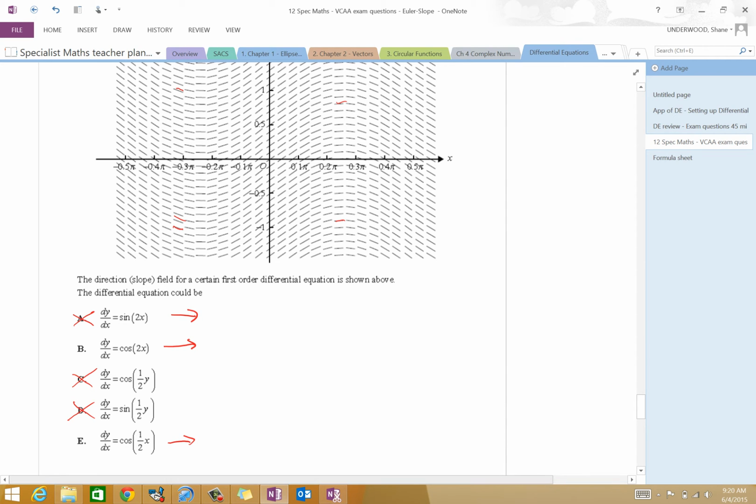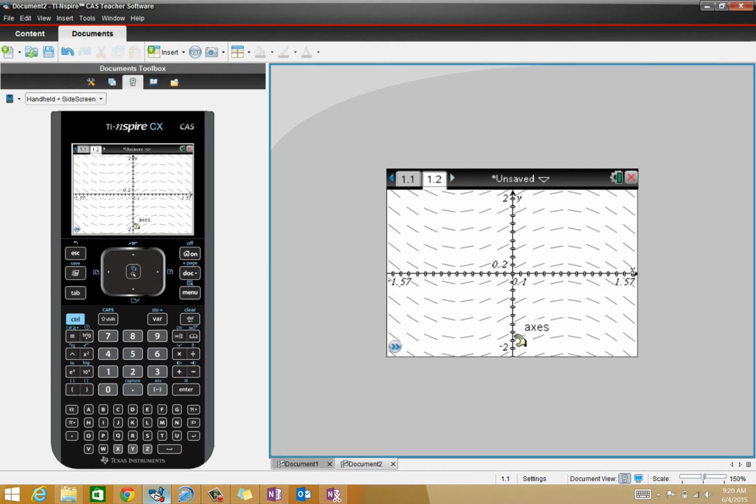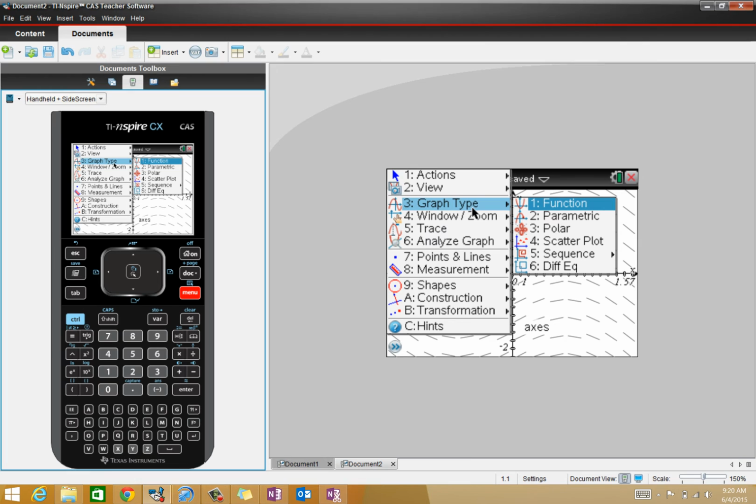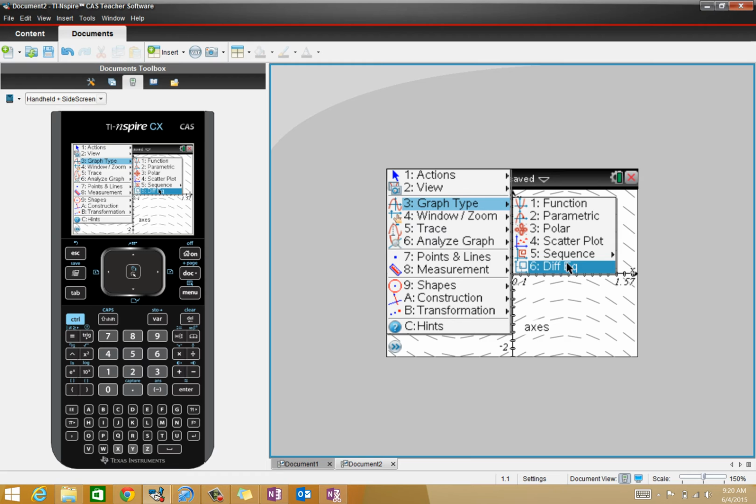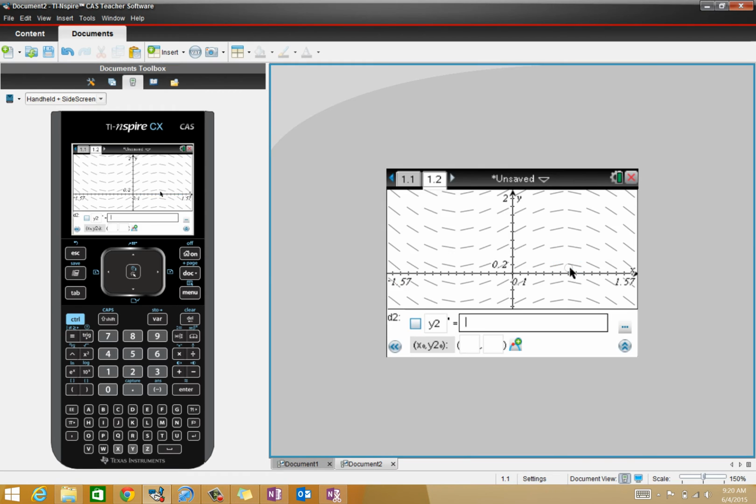Now I've gone ahead to my graph screen and graphed this. What I've done is gone to menu, then graph type, then differential equation. That allowed me to graph it, but the problem is that when you do it a second time, it messes up. Because it's saying y2 dash, but has the differential equation that we had originally disappeared?